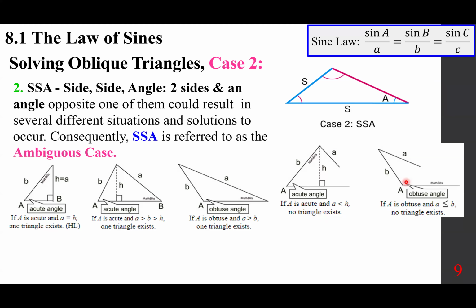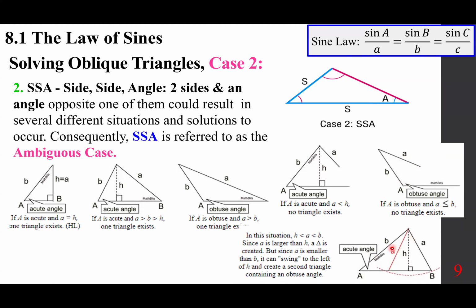If A is obtuse, larger than 90 degrees, and a is less than or equal to b, same thing, no triangle occurs. And the reason actually is very simple in this case. The larger the angle, the larger the side opposite that. So the largest side should be a because it's opposite the obtuse angle, which is the largest angle. So it doesn't work.